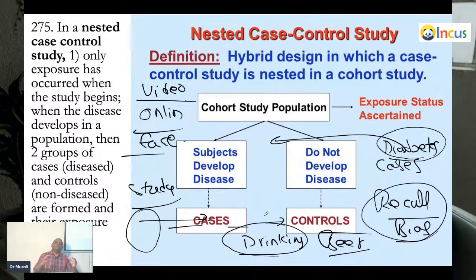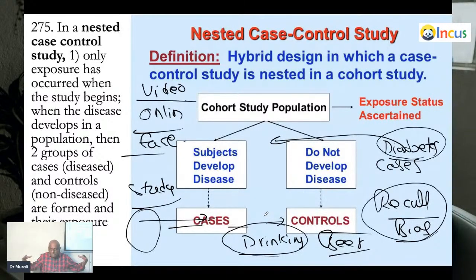In the process, some of the people died in a road accident. Somebody committed suicide. Somebody prepared for PG entrance and left the city. So attrition is the problem. Very costly. Regularly you have to pour beer into their mouth. How many beer bottles you need to buy? So cohort has its own problems. Case control has its own recall bias problem.